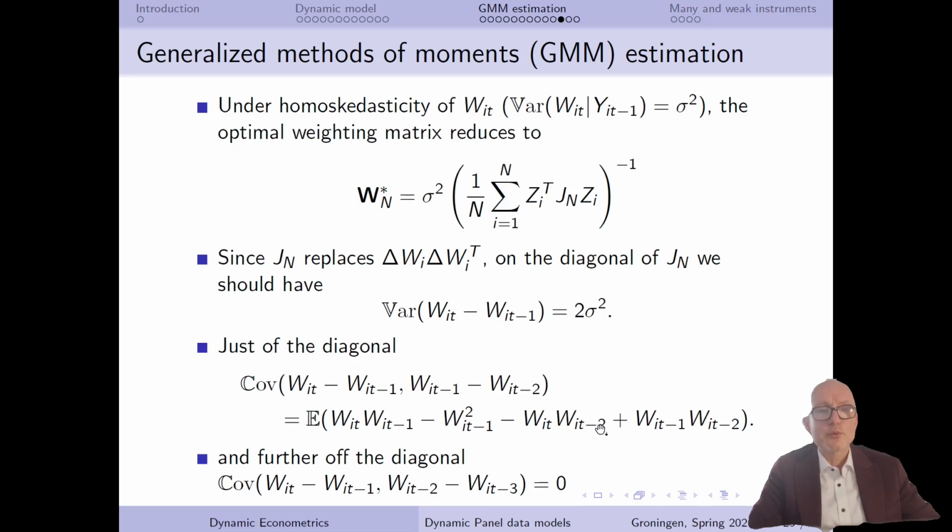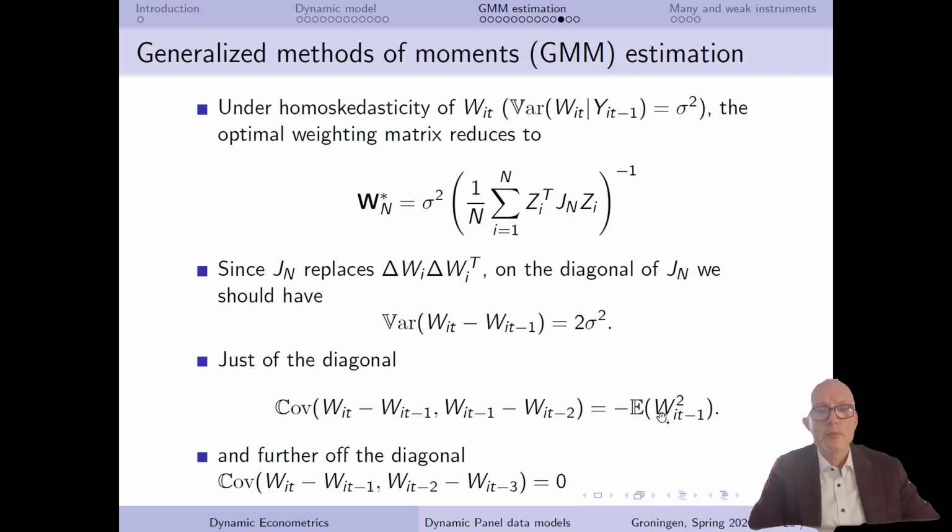The same is true for this term: w_it is also not correlated to w_it-2. And finally, w_it-1 is uncorrelated to w_it-2. So only this term is not equal to 0. Therefore we can write this as simply equal to minus the mean of w_it-1 squared. Take into account that this is nothing else than the variance of w_it, so again that is equal to sigma squared.